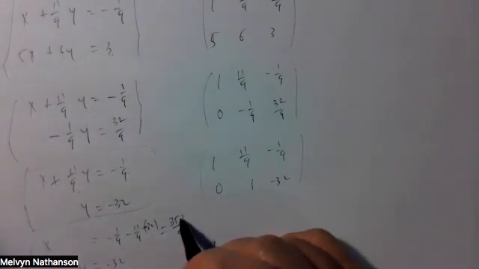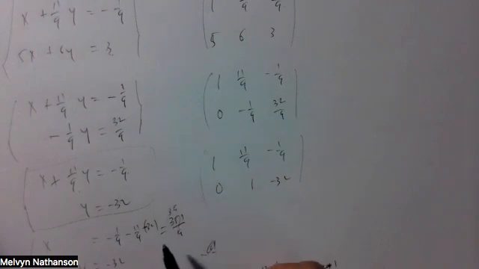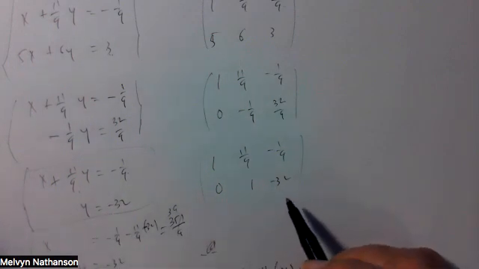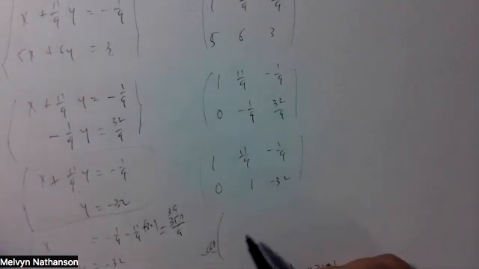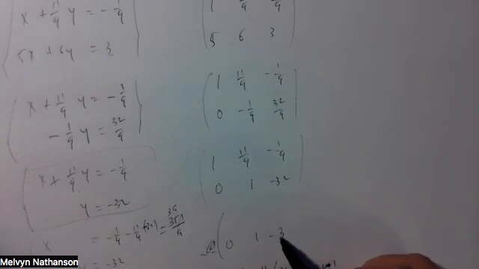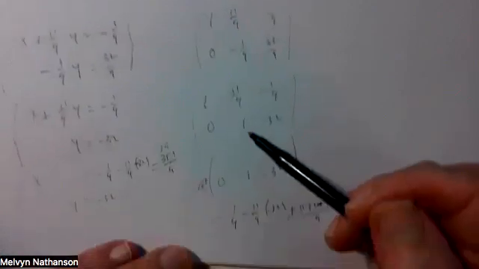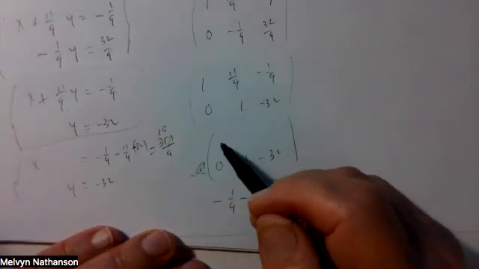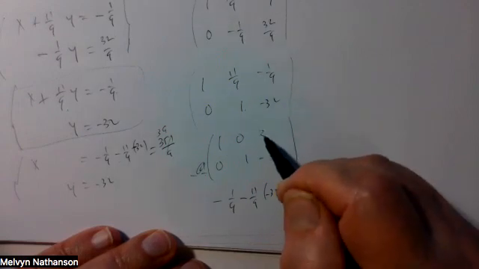And 351 over 9, divide this into this. This goes exactly 39 times. So I get x equals 39. And here I have 0, 1, minus 32. Again, if I add minus 11 over 9 times the second row to the first row, I get 1, 0, 39.